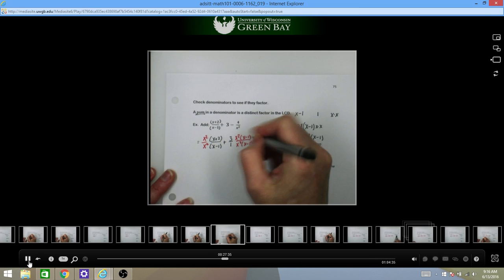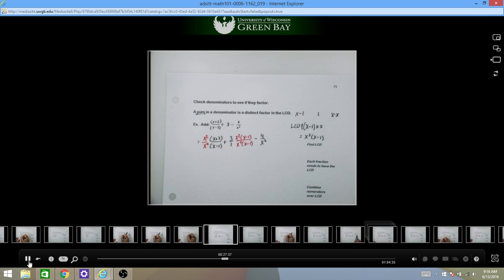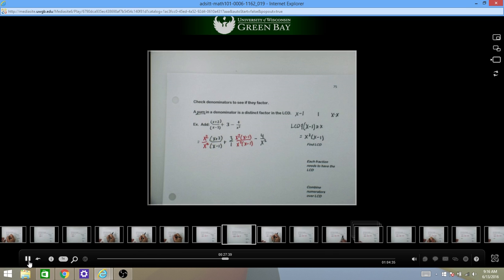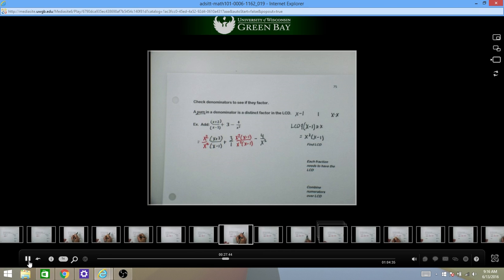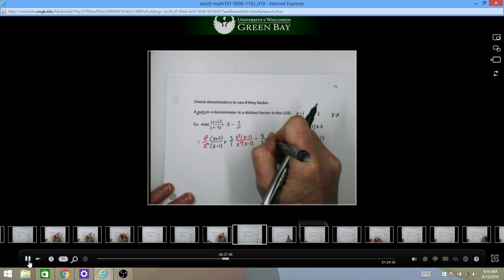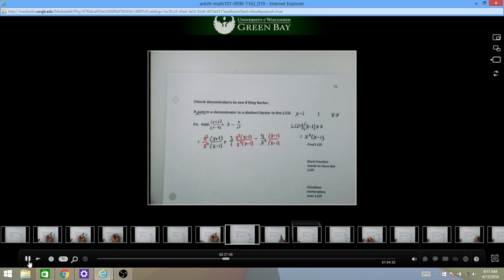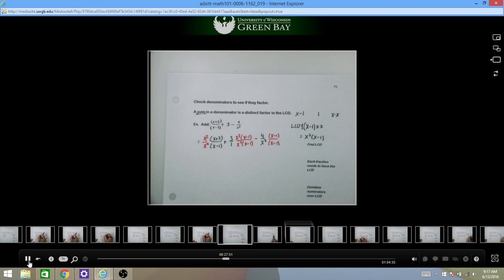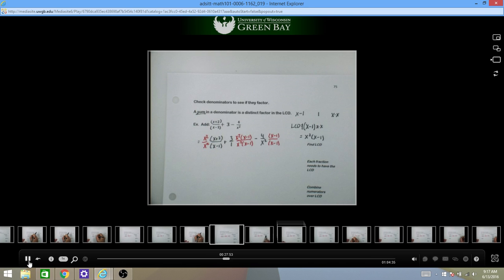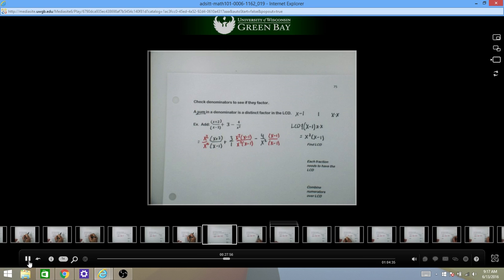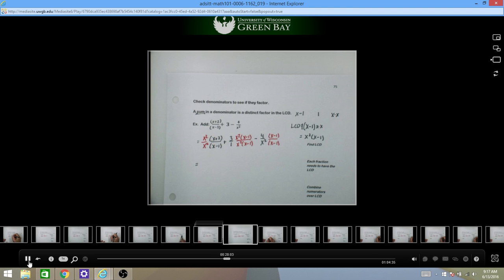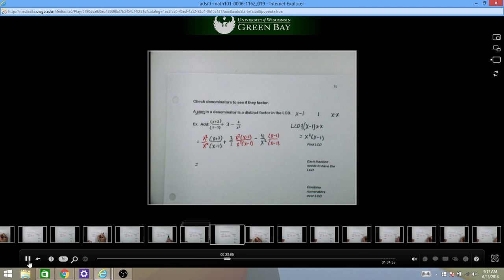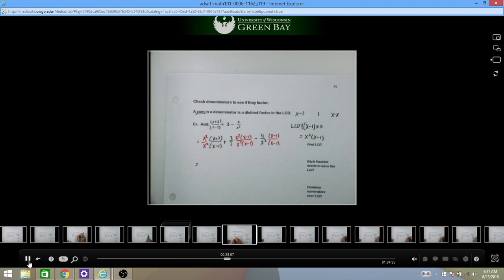And then that brings us to the negative 4 over x squared. So we'll multiply there by x minus 1 over x minus 1. So our least common denominator contained all the denominators as factors. And now we can build up our fractions so they all have that least common denominator. So the denominators you just leave, but the numerators multiply out.